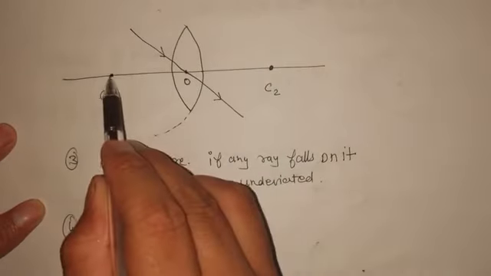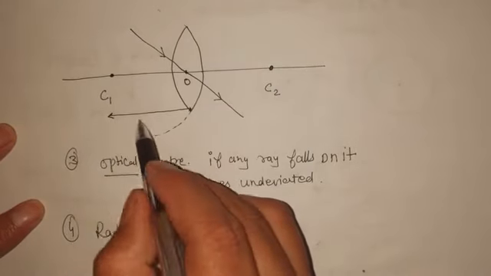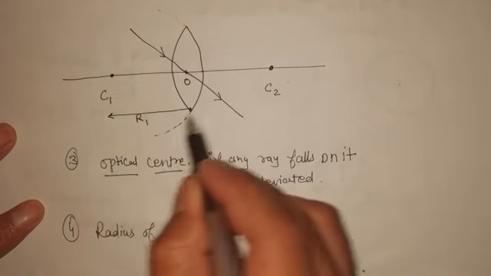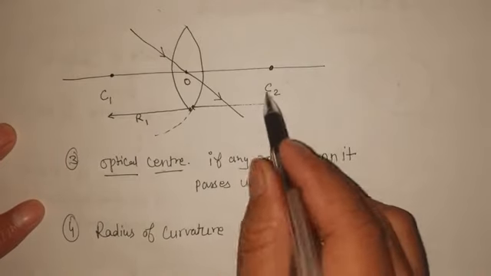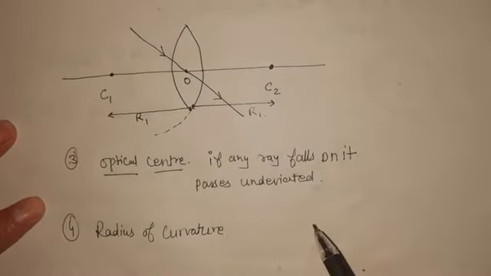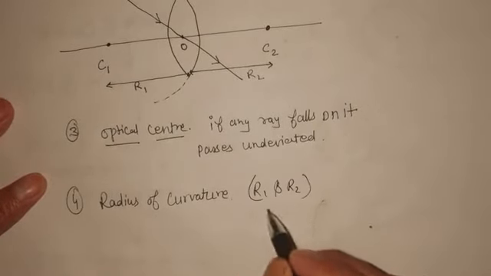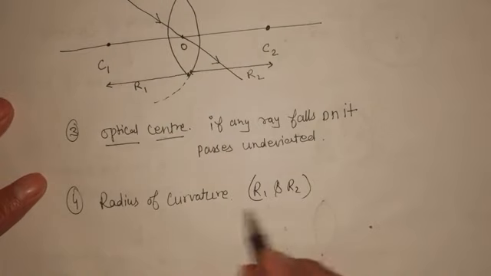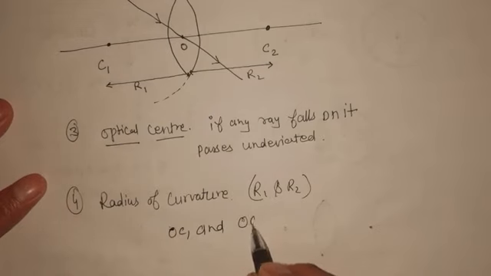The more the width, the more the aperture. So aperture is the effective width of the lens.